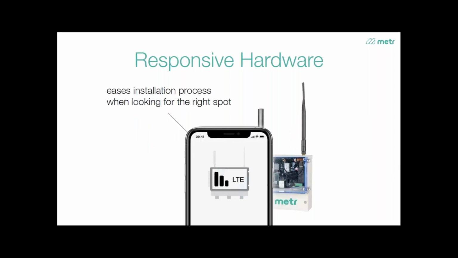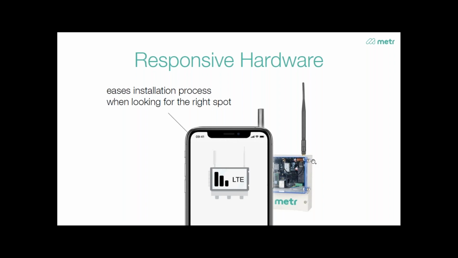What we learned in that process also is that if we are having some kind of responsiveness to our hardware, we should usually add that, especially if the people installing it are not part of our company directly, but, let's say, an installation partner we are hiring to install the hardware that you can see here in the background in the basement. It's good to have some sort of feedback about the cellular connection.